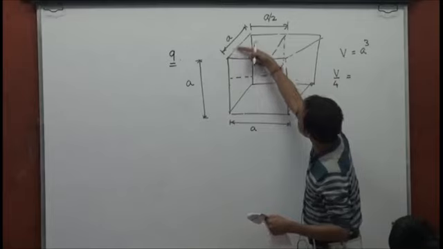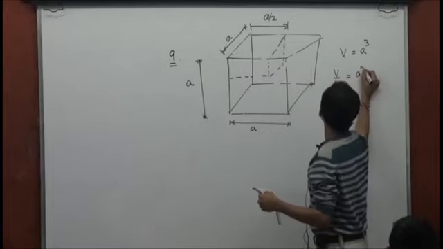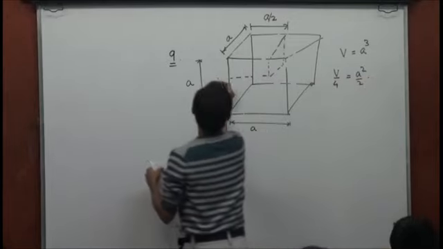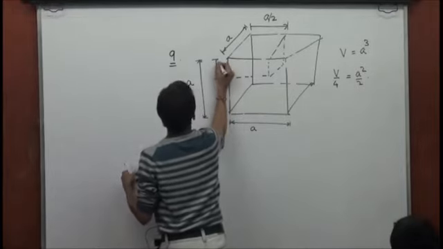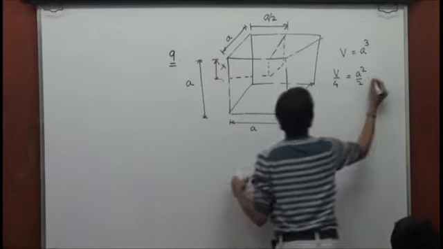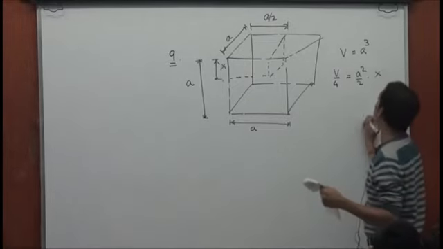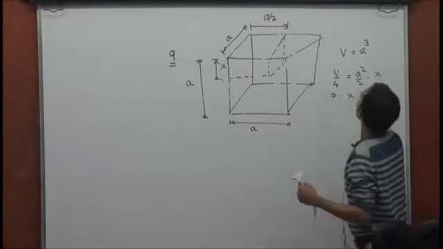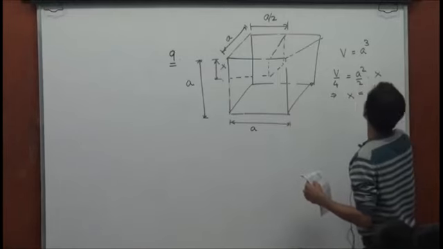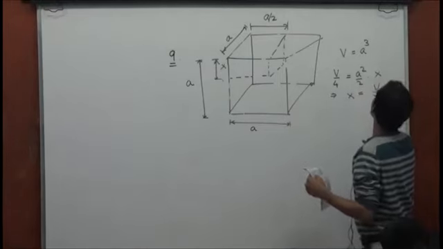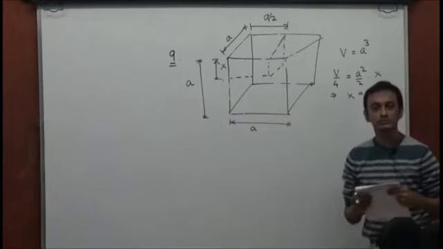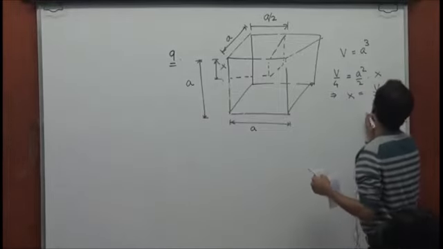Now realize the dimensions are a by 2, so a squared by 2, and say this length is x. Then the volume would be a into a by 2 into x. That's going to be the volume of this. So this x is like V by 2a squared, where V is a cubed.